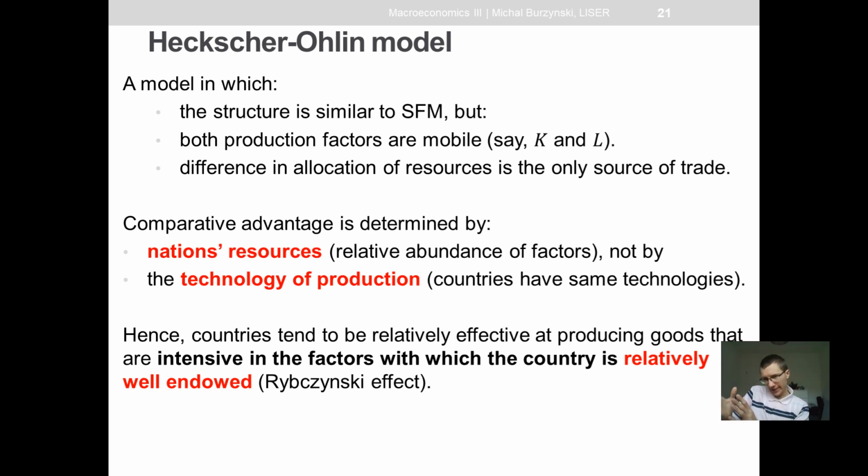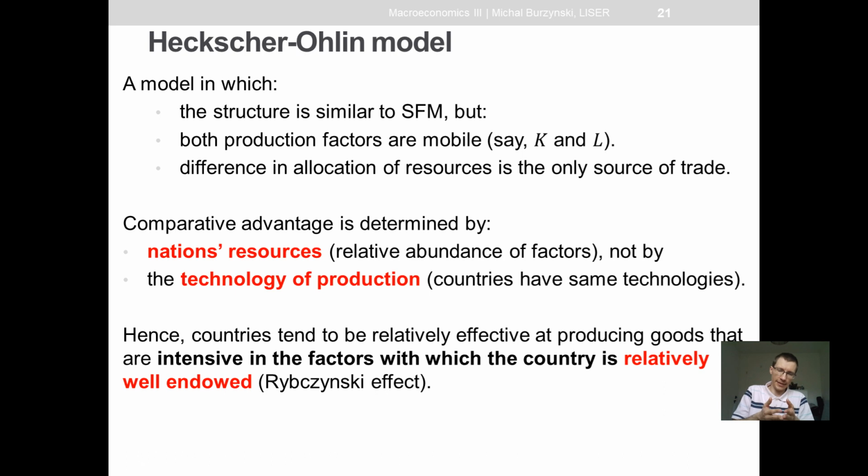Once again, taking the example of China, China is relatively more productive in those goods that use low-skilled labor as the main input. Say, all the easy, simple electronics, clothes, for example, and all the other simple goods that they are exporting all over the world. And this is a natural implication of the fact that this particular resource in China, low-skilled labor, is abundant, is in big supply.